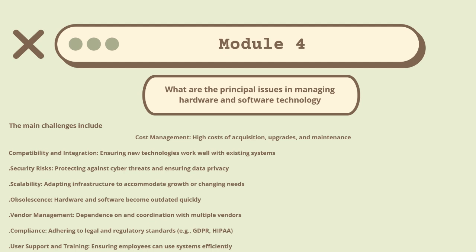Failure to comply can result in fines or legal issues, especially when you are dealing with sensitive data. The last one is user support and training. You need to ensure that all the employees can use the system efficiently. Without proper training and support, users may struggle, leading to reduced productivity and more technical issues.